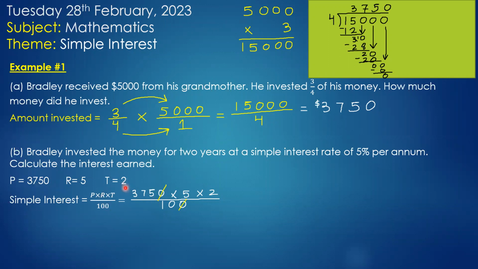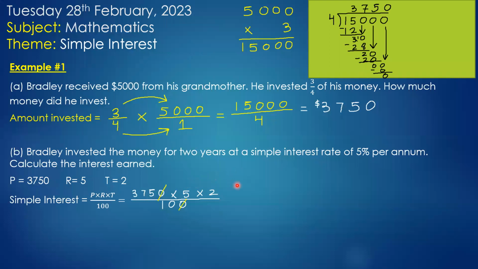And the 2 is for time in years, so it's 2 years. That's where we get the 2 from. Understand that? So P is the principal, the amount borrowed or invested. Make sense?